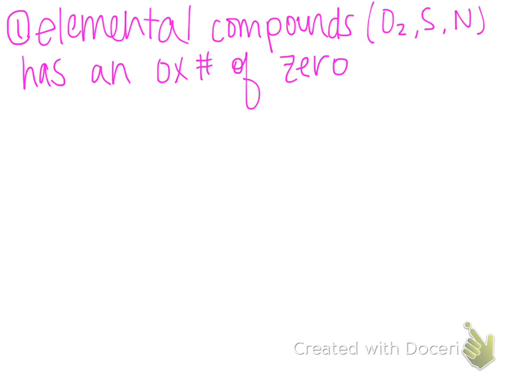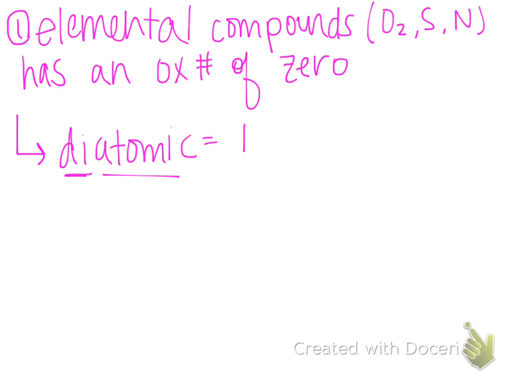So let me talk a little bit about some elemental compounds, or some things that have to hang out by themselves, okay? This is kind of a sidestep here, but these compounds are called diatomic. Okay, and what this means is that they can't hang out by themselves. So they have to be 2 atoms, right?